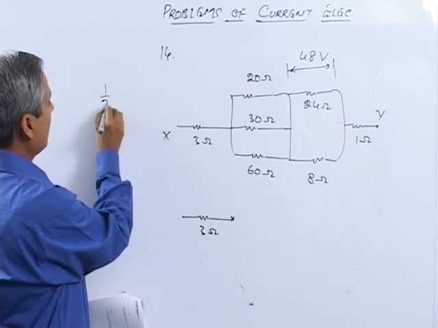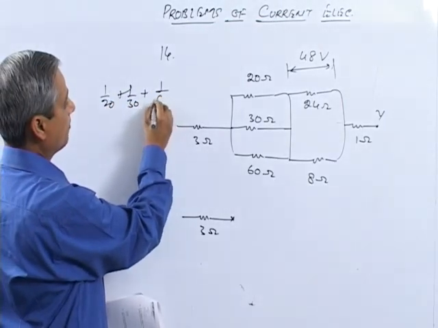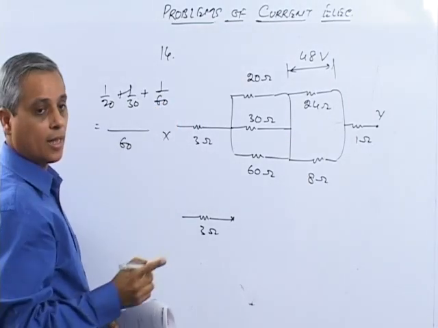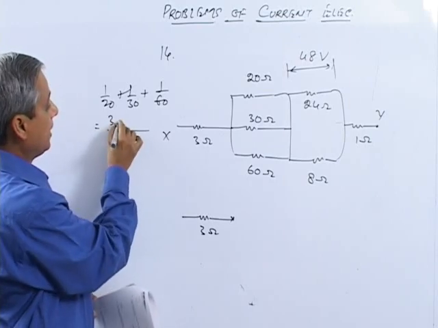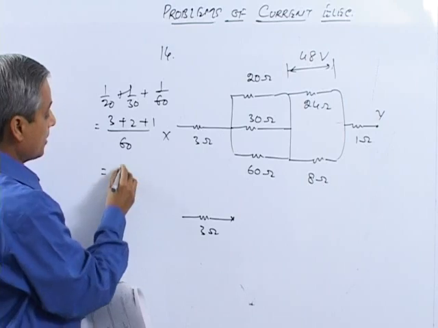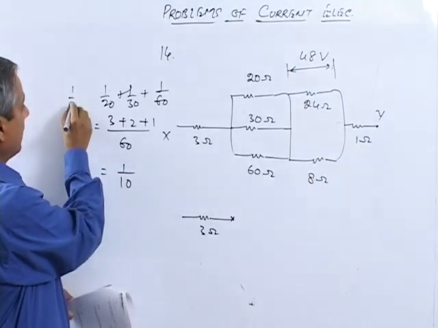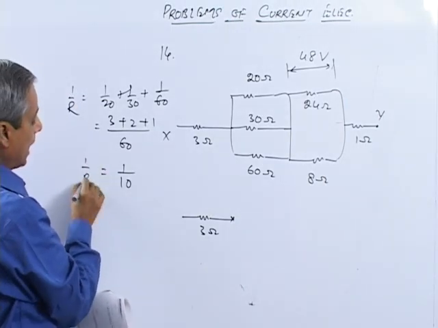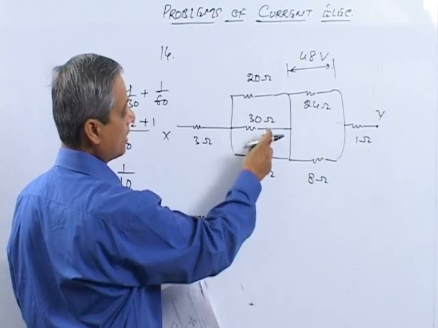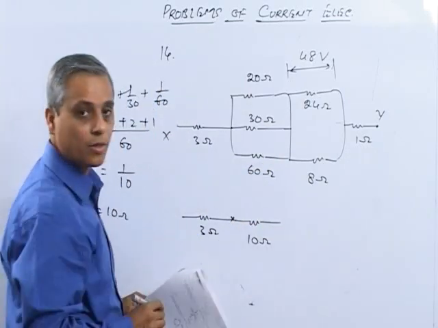So 1 by 20 plus 1 by 30 plus 1 by 60, with 60 as LCM, gives 3 plus 2 plus 1, that is 6, so 1 by 10. Then 1 by 10 is actually 1 by R, so R will become 10 ohms. So the parallel combination of 20, 30 and 60 is basically 10 ohms.